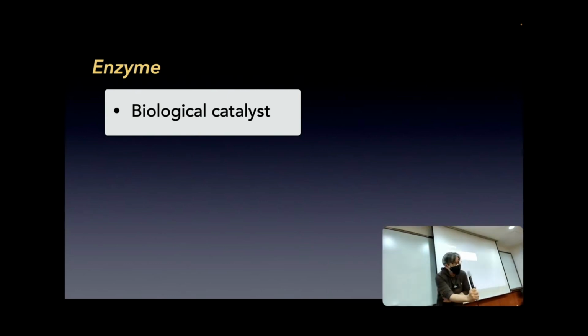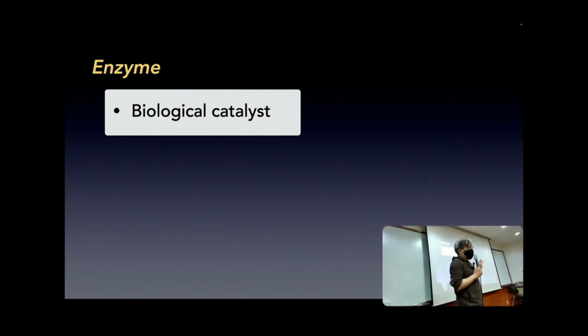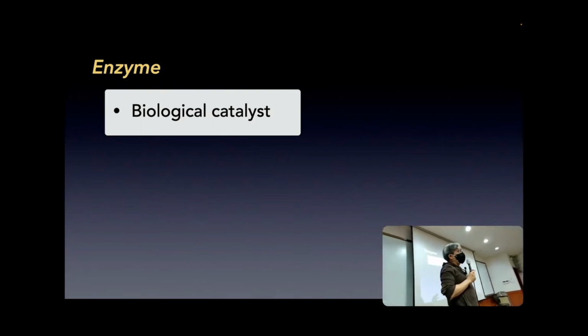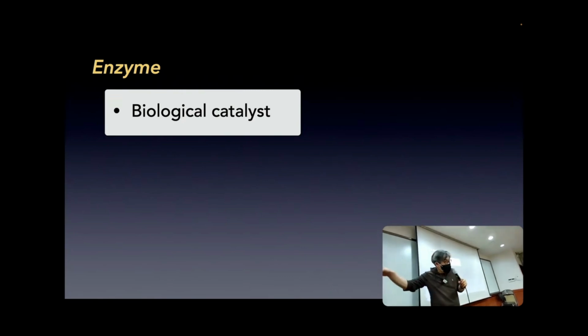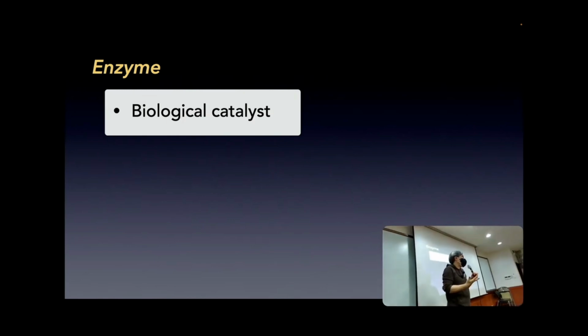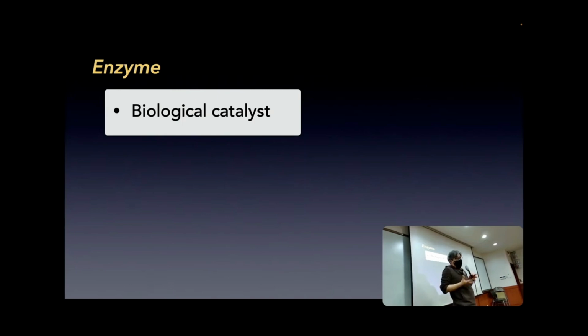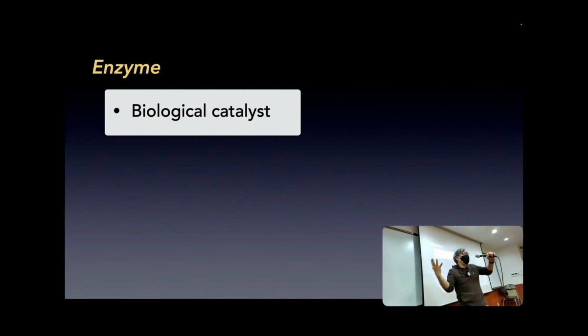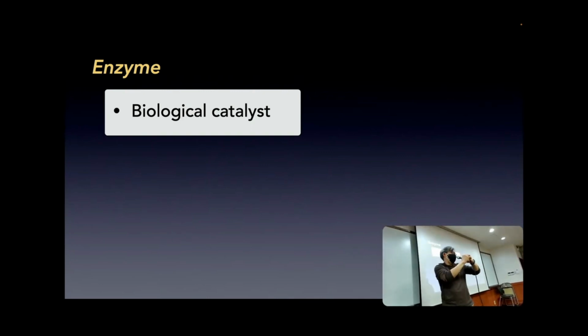But the next thing is the uniqueness of this enzyme-substrate reaction compared with antibody-antigen and receptor-ligand. What is it? Some chemical reaction is going on. Unlike antibody-antigen, which just simply bind, that's it. They just interact and grab, and that's it.